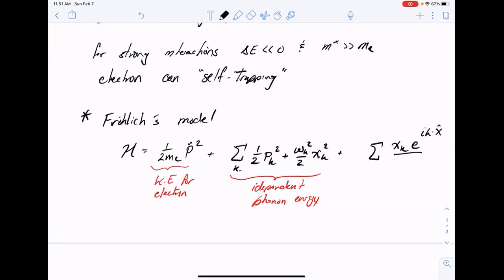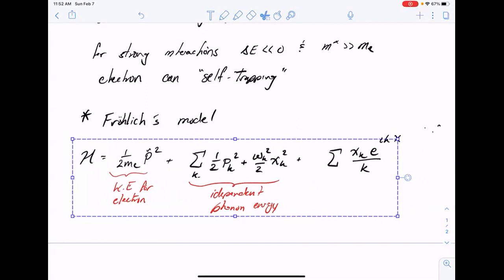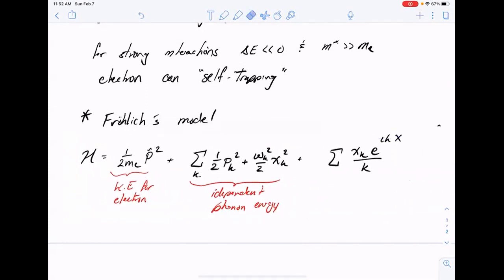And the coupling of a charge to a dipole is something that goes like 1 over K. You can rationalize that K dependence by remembering that if a charge interacted with another charge, it would go like 1 over K squared. That's the Fourier transform of the Coulomb operator. A charge-dipole interaction is the first term in a multipole expansion. Multipole expansion is a gradient expansion in that Coulomb operator.